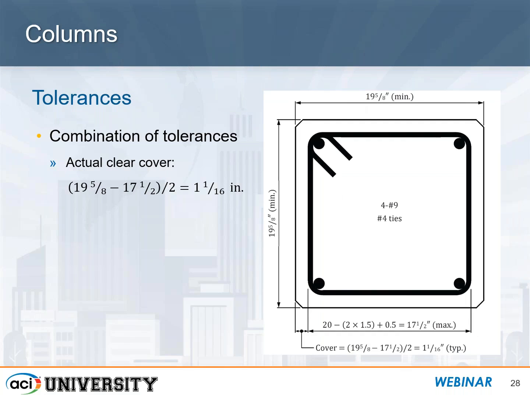So when we combine those two sets of tolerances, we take our minimum column dimension, and then we take this 17.5 inches. Where does this come from? That comes from our specified column dimension minus 2 times the specified cover dimension plus that ½ inch permissible tolerance.